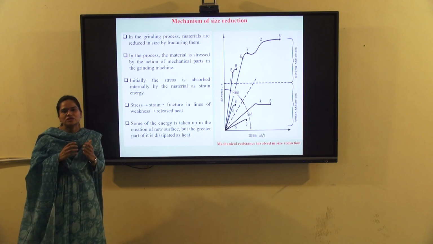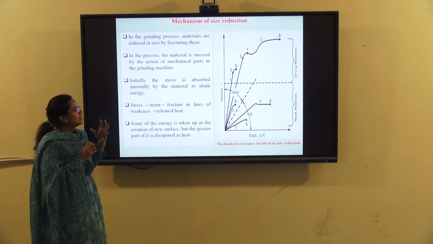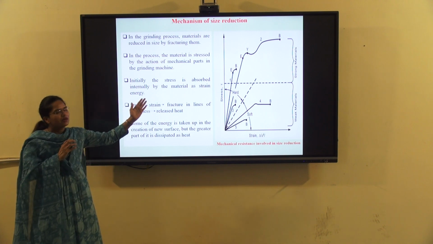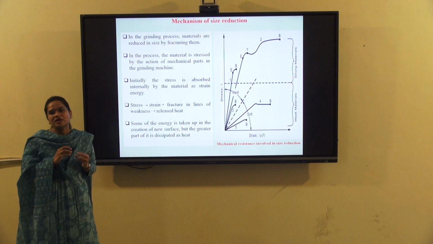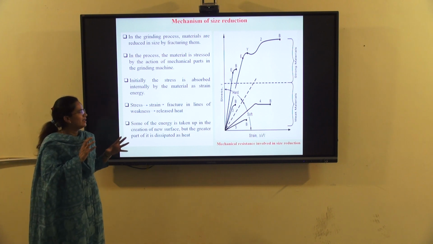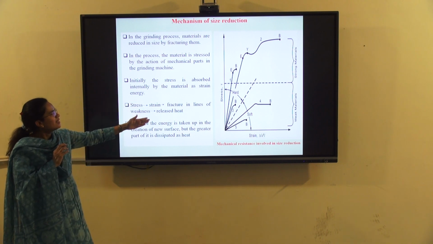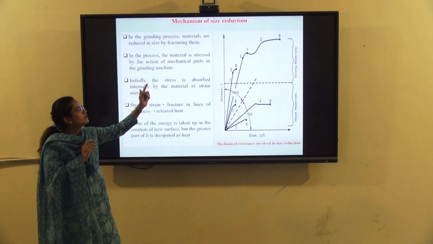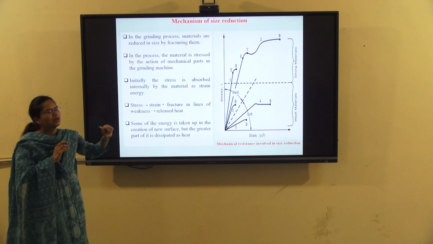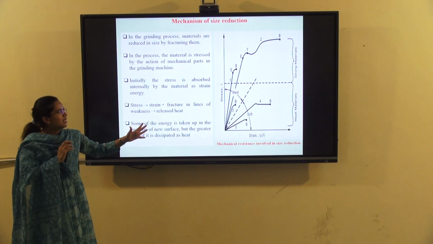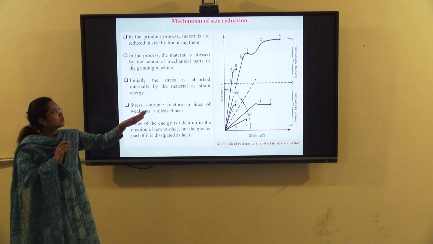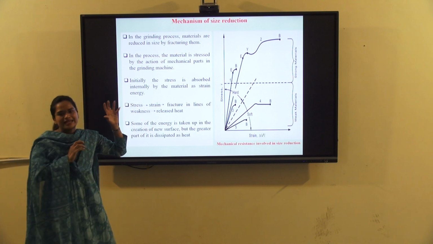For the reduction of particle size, the stress required must be greater than the elastic limit of the material to break that particular material. Here line 1 shows the hard, strong, brittle material. The second line shows the hard, strong and ductile material.